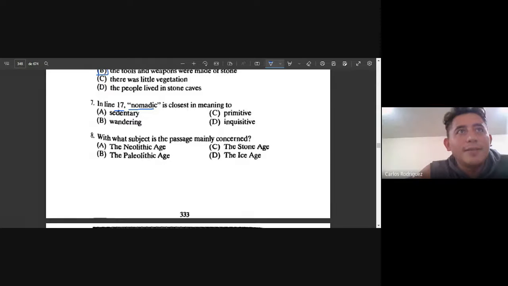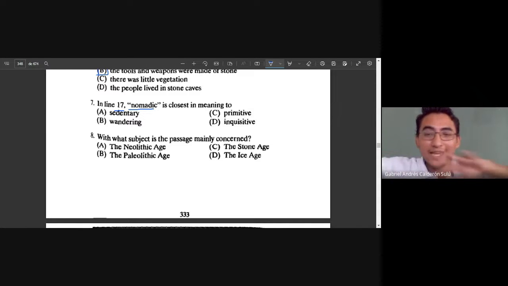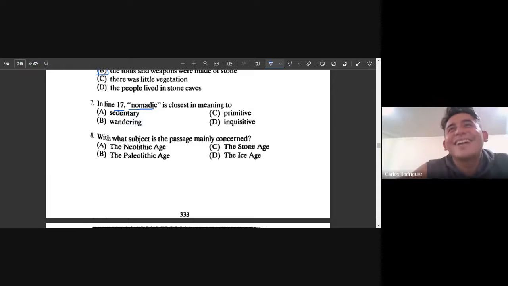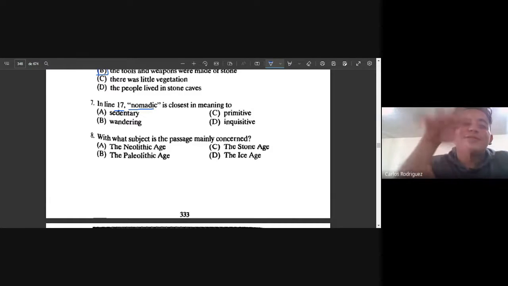I think that is wandering, but I don't know what wandering is. Well, that's a hunch. Another tip: when you don't know a word, you have to eliminate answers. I did it. Exactly. Sedentary is when you are in a place.